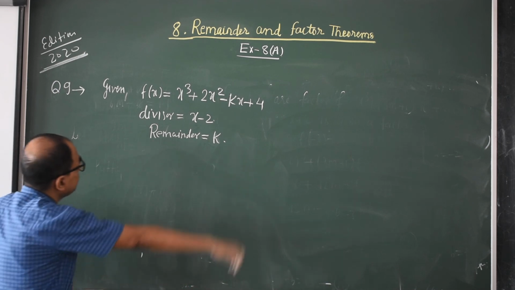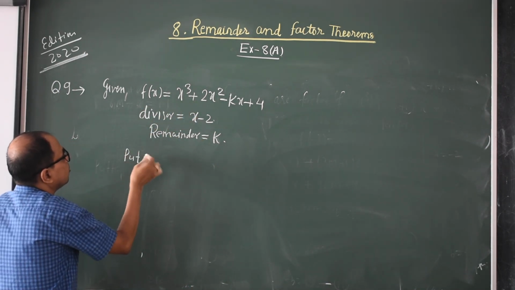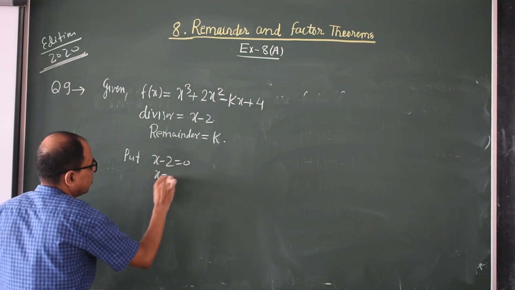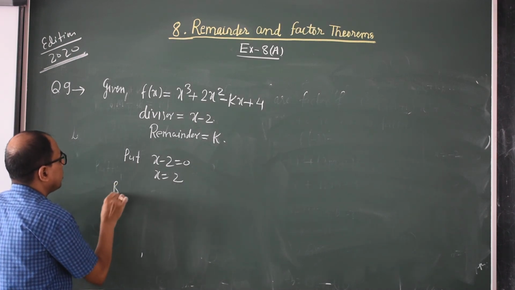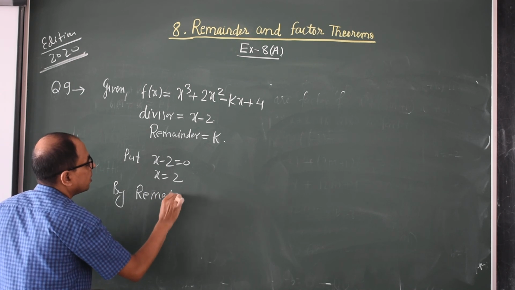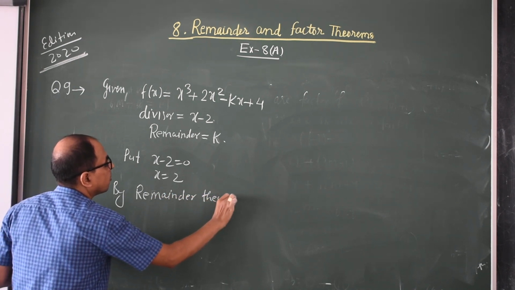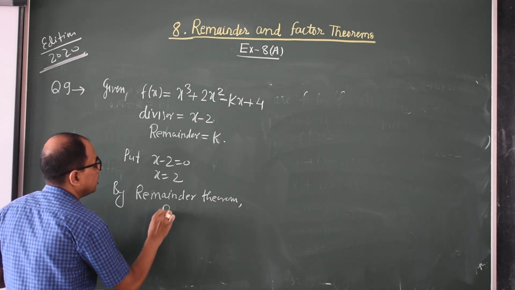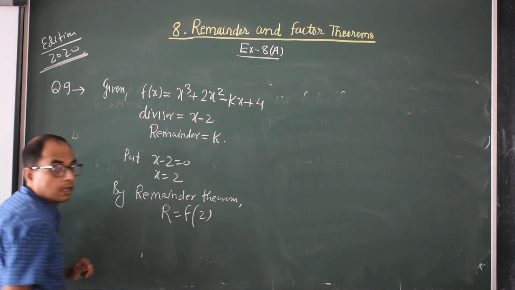Clear? So put x minus 2 equal to 0. So from here we get x is equal to 2. Now by the remainder theorem, the remainder is equal to the value of the function at this point. Clear?